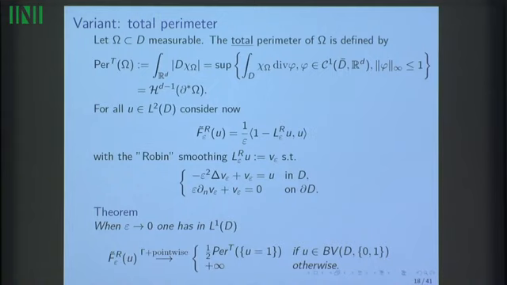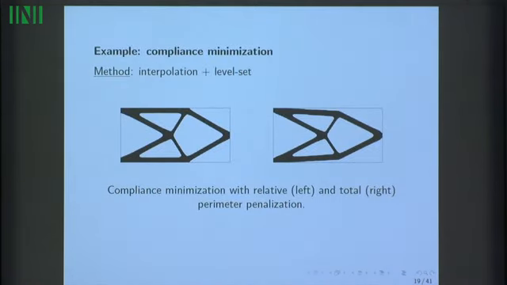In fact it's the same thing as before, but for the total perimeter. So it's quite easy. You only change the boundary condition. So what we get for the classical cantilever again? This is not with homogenization. It is with the SIMP type approach. This is with the relative perimeter, so you see the same kind of artifacts, and with the total perimeter, you see these things.